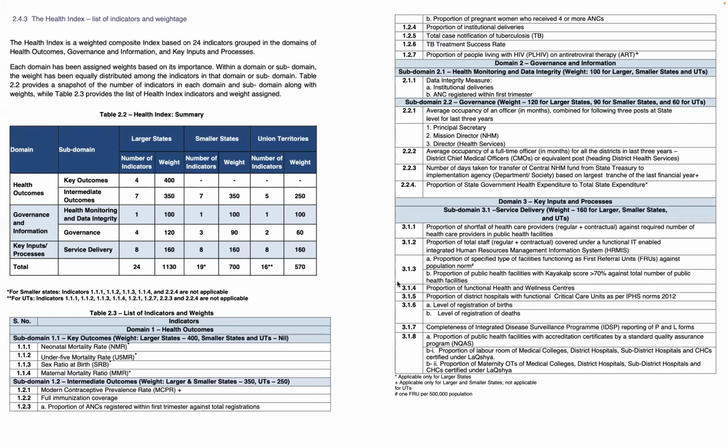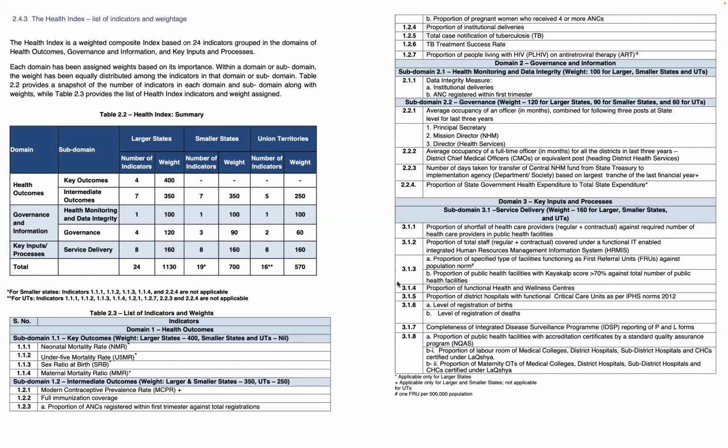See, for health outcome for larger states, we have number of indicators for intermediate outcome 7. For governance and information, health monitoring and data integrity, 1 indicator. For governance, we have 4. Health monitoring and data integrity means display of the matrix. For key input and process service delivery, we have 8 indicators.